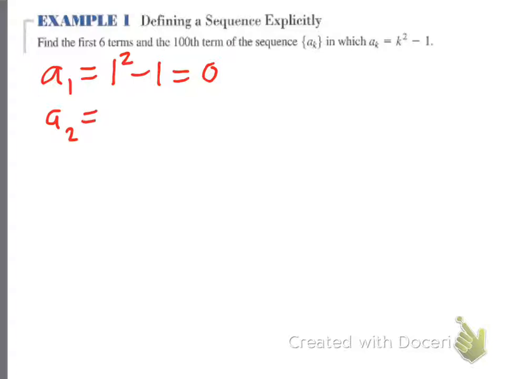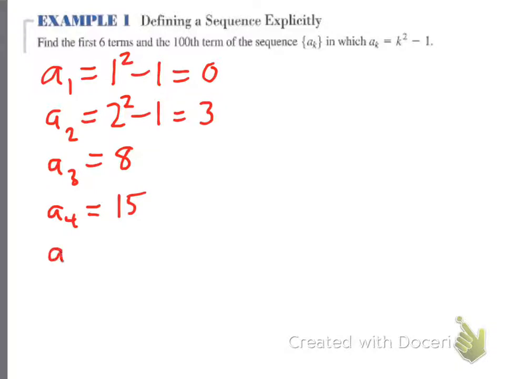A sub 2, and now all you're doing is just plugging in the numbers. So 4 minus 1 is 3. A sub 3, 3 squared minus 1 is 8. A sub 4, 4 squared minus 1 is 15. A sub 5, and so on. Okay, we're just plugging in the numbers.